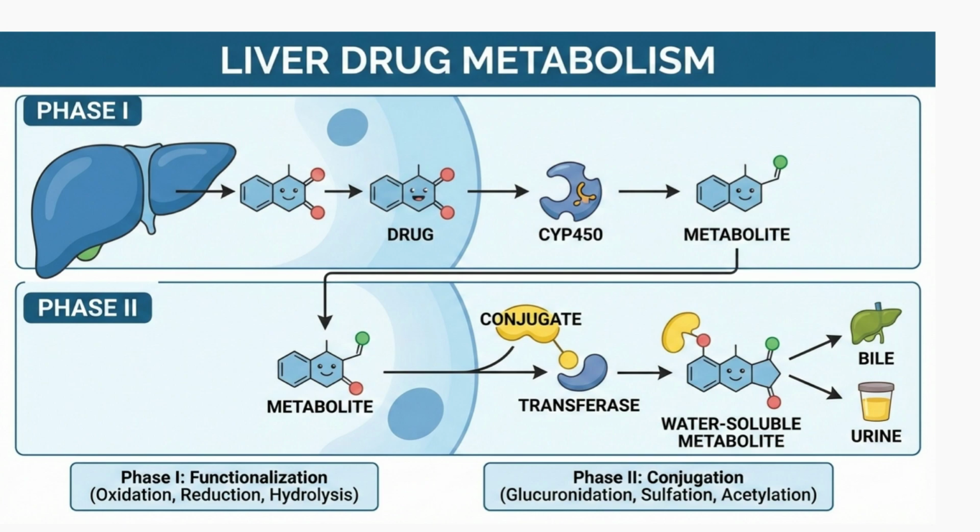Phase 1 reactions are all about modifying the drug molecule, often using that famous cytochrome P450 enzyme system. Then in phase 2, the body sticks a big water-loving molecule onto the drug, a process called conjugation. This makes the drug water soluble, basically taking it and saying, okay, you are ready for the exit.